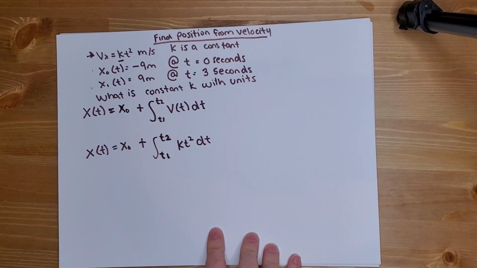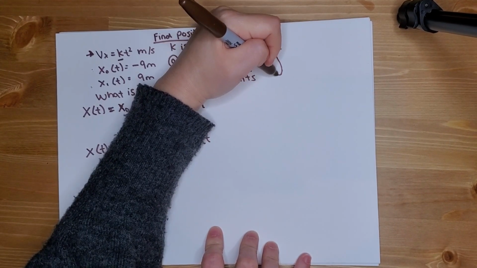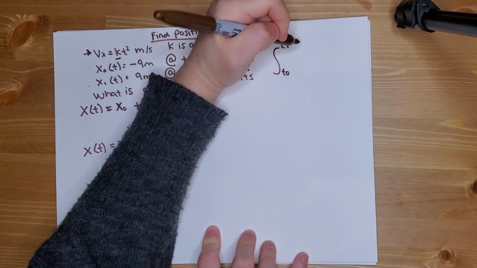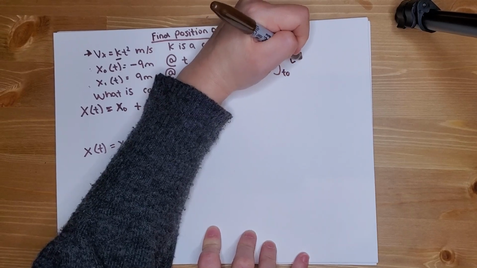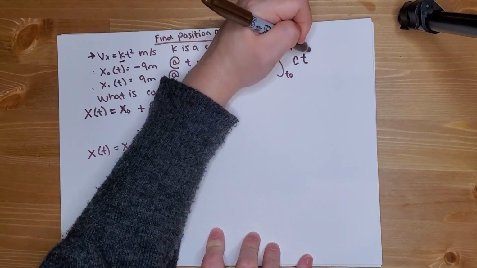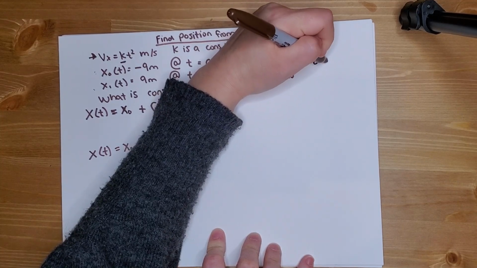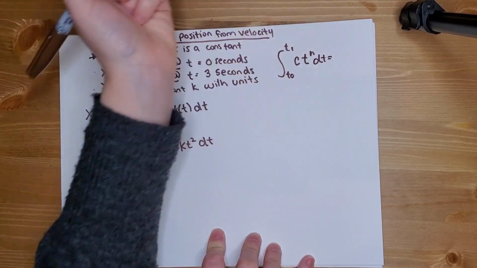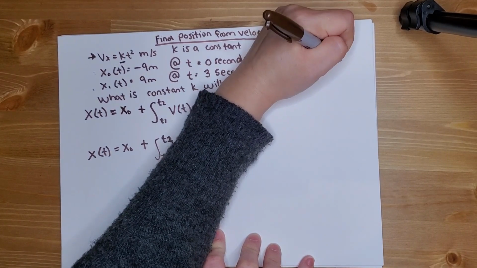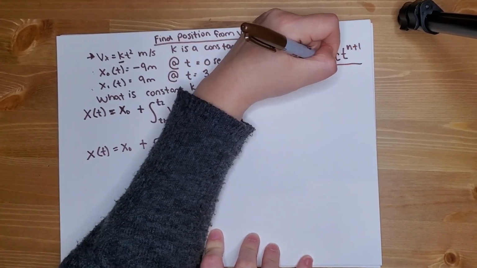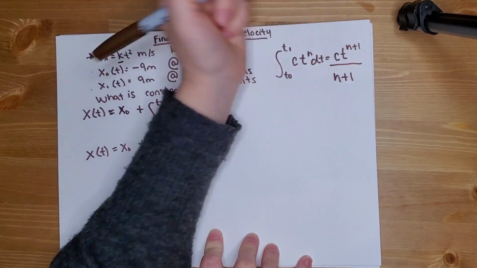I'm going to write here how our integration equation goes. Basically, if you have your limits t1 and t0, and any constant c, your t to the n, and dt, the integration of this will just be c, t to the n plus 1 as the exponent, and then you divide by n plus 1 as well.